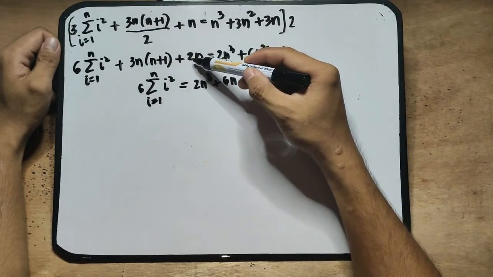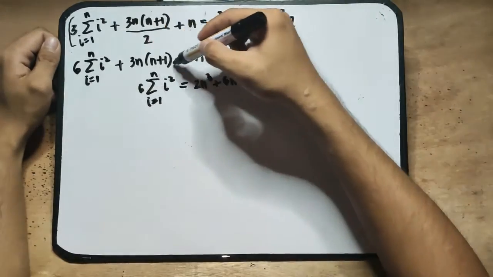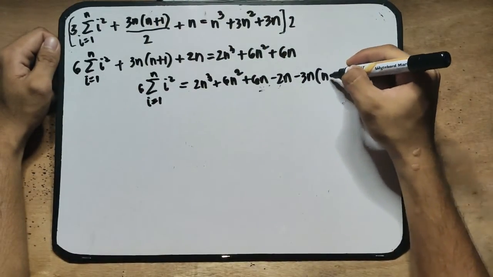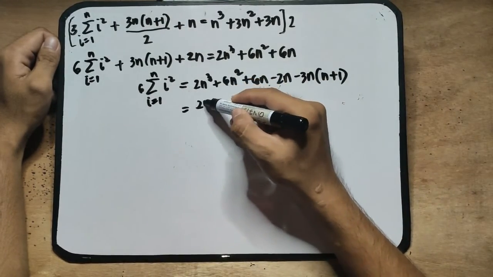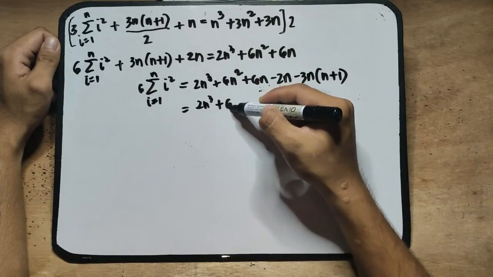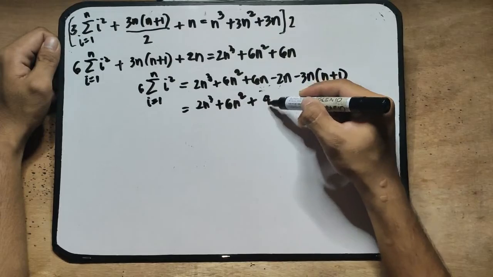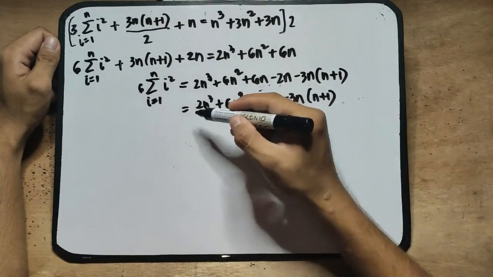Then we transpose positive 2n, it will become negative 2n. Then ito transpose natin to, yung entire term na to, it will become negative 3n times (n plus 1). So simplifying this, we have 2n cubed plus 6n squared. This will be 6 minus 2 is 4n, then minus 3n times (n plus 1).